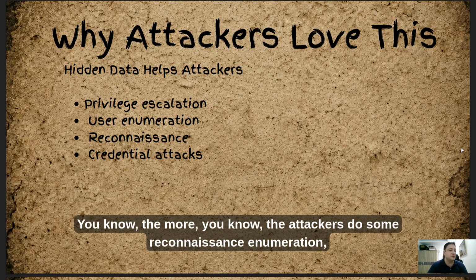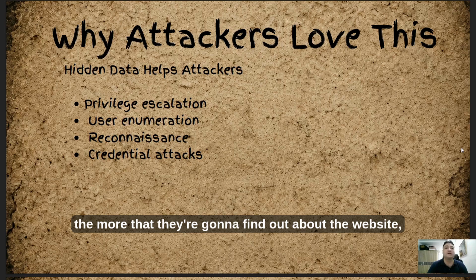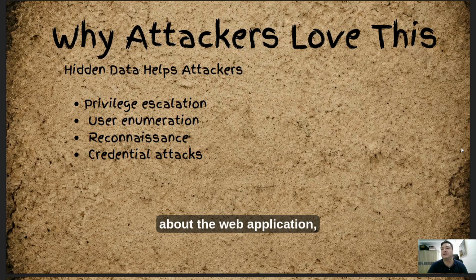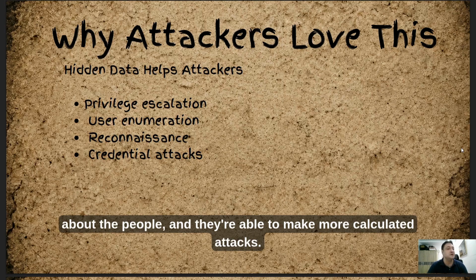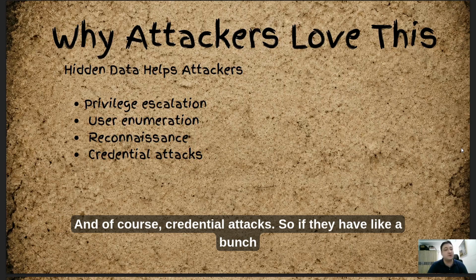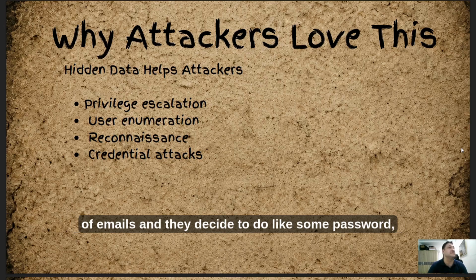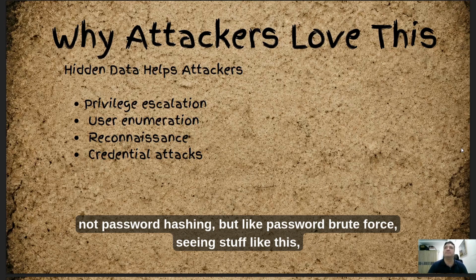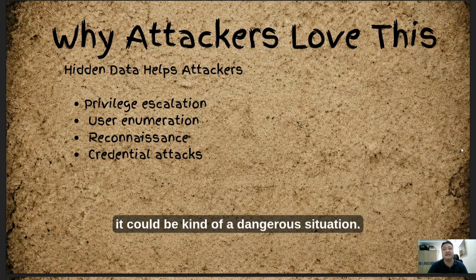Reconnaissance, the more the attackers do some reconnaissance, enumeration, the more that they're going to find out about the website, about the application, about the people, and they're able to make more calculated attacks. And of course, credential attacks. If they have a bunch of emails and they decide to do some password brute forcing, stuff like this, it could be a dangerous situation.